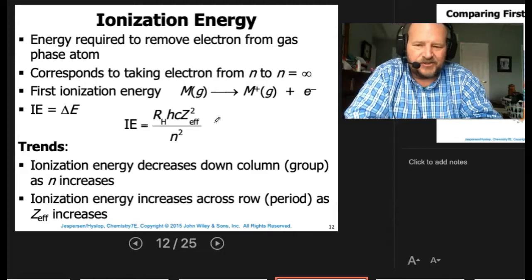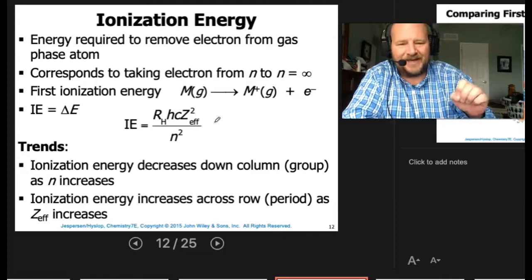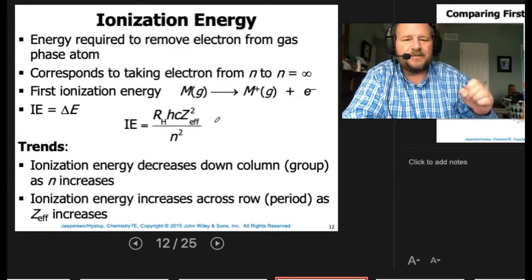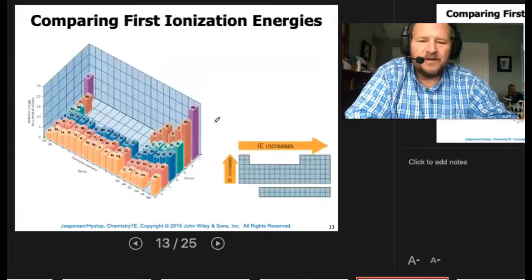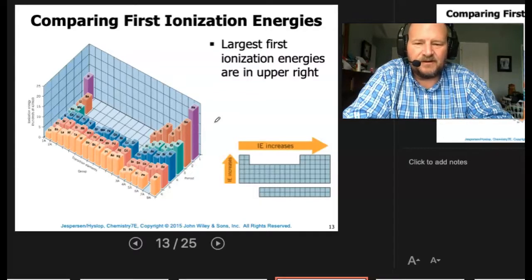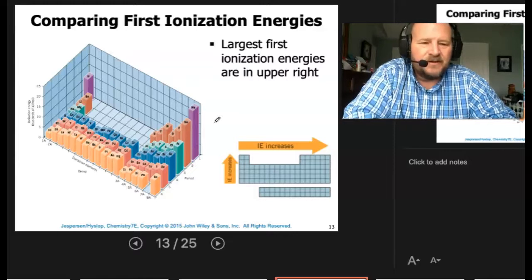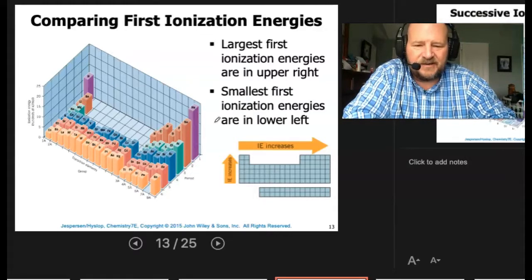So ionization energy is how much energy it requires to pull an electron out of the atom. The further away from the nucleus the electron is, the easier it's going to be to pull out. If you compare your first ionization energies, it's going to look just the opposite of the size. Largest first ionization energies are always in the upper right corner, and the smallest ones are down in the lower left corner.